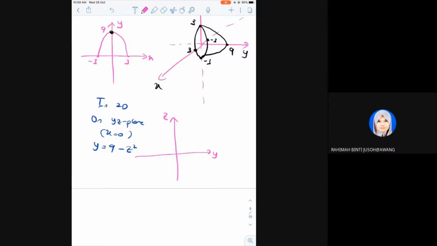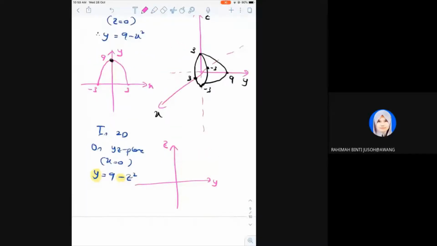Okay, Y negatif. Ni Y negatif. So Y ni horizontal tau sekarang ni. So bila negatif Y bermaksud dia sebelah kiri kan? Understand guys? Kanan. Tak faham kan? Okay, ni Y. Okay, listen here carefully. Okay, slowly.